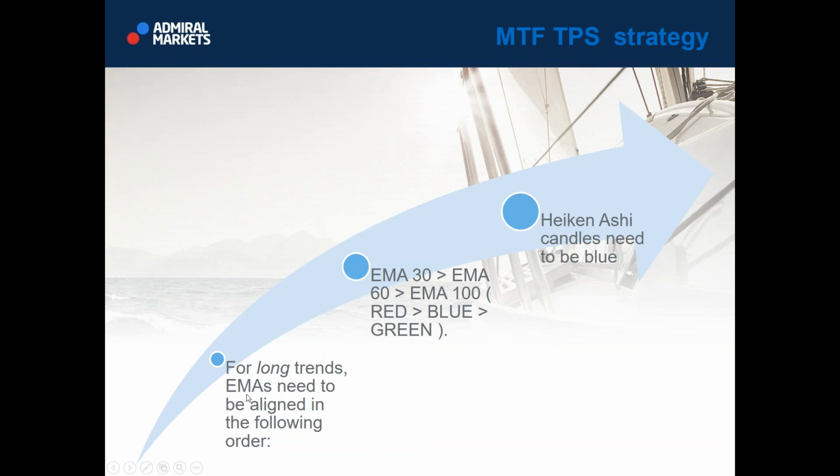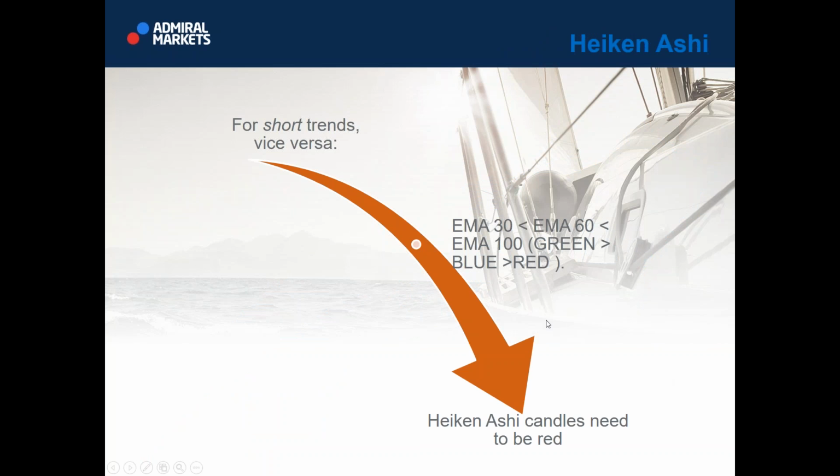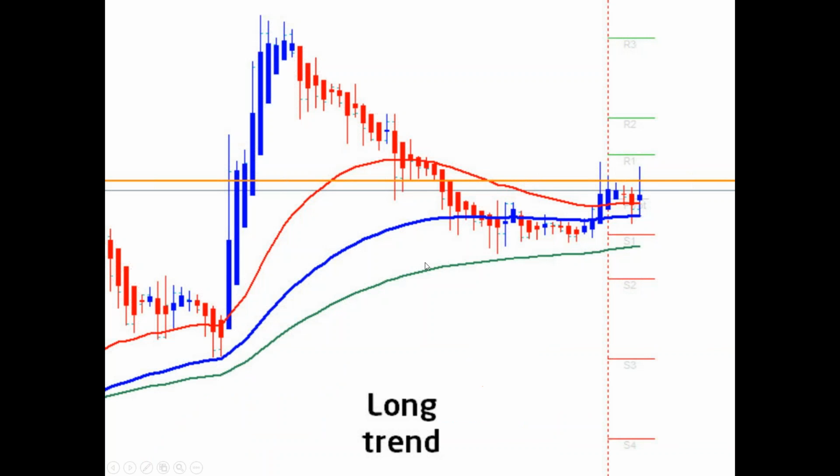Here, these are the rules for long trades. These are the rules for short trades. This is a long trend example. So you want to see a pullback and color switch. So this is a good candle.